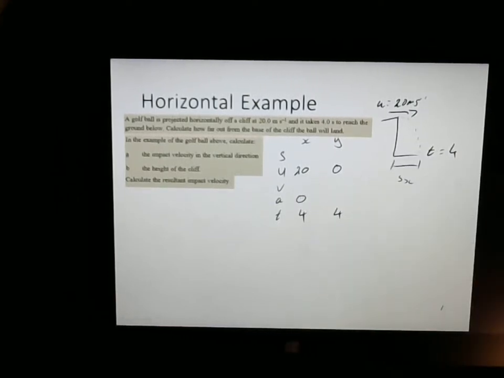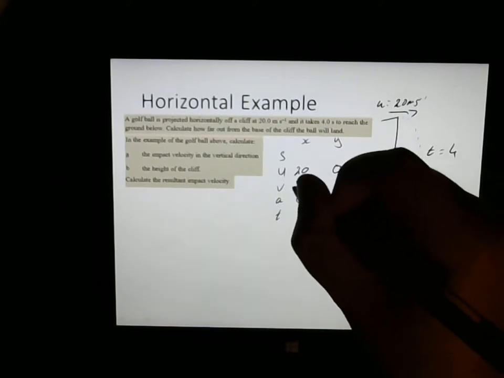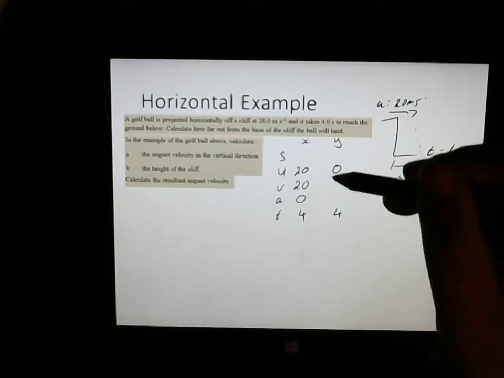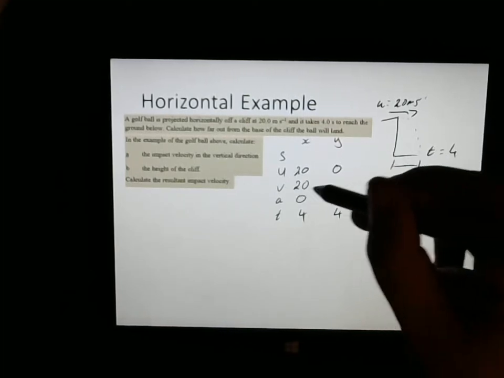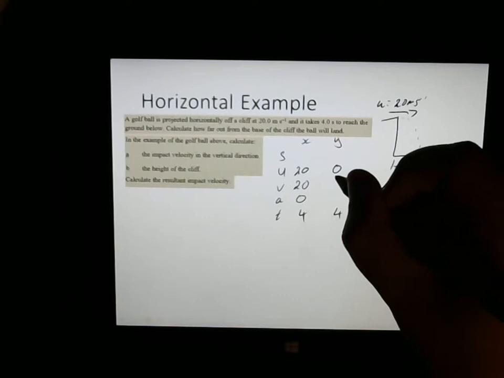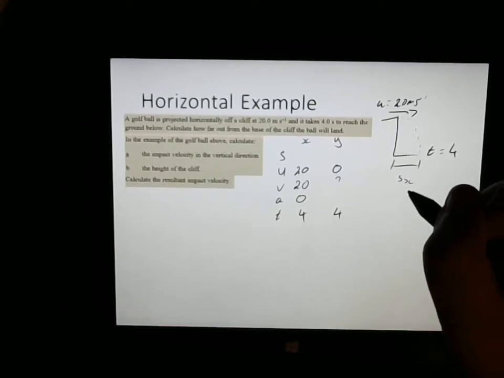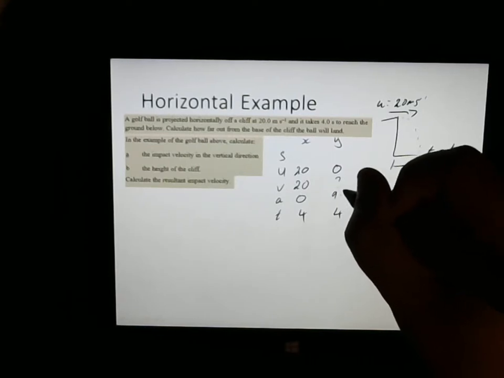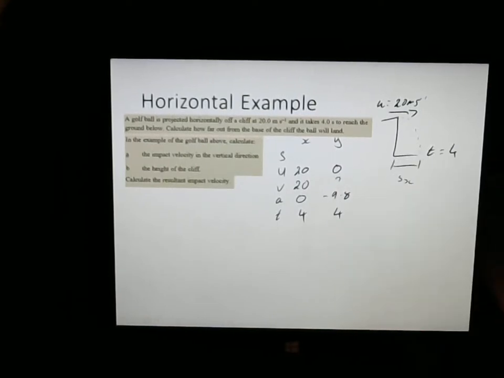There is no acceleration there, which makes that this must also be equal to 20 because the velocity is not going to change. Finally, in our Y direction here, we don't know what its final velocity is going to be yet. But we do know that its gravity is going to be equal to 9.8. Now I'm going to go negative 9.8 just because I like to let down be equal to negative. Acceleration acts down, let's make it negative 9.8, so that we don't have to think about it.